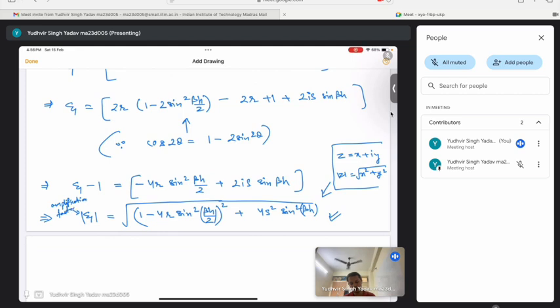The stability of any difference scheme depends on this ξ: if it is greater than 1, the scheme is said to be unstable, and whenever it is less than or equal to 1, the scheme is said to be stable.